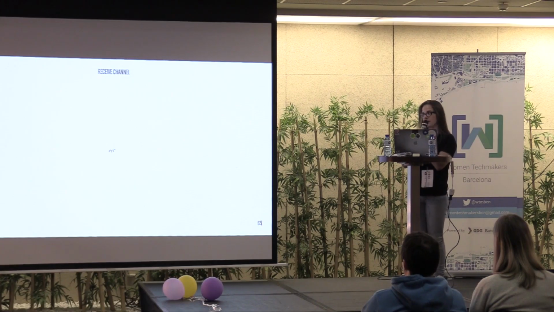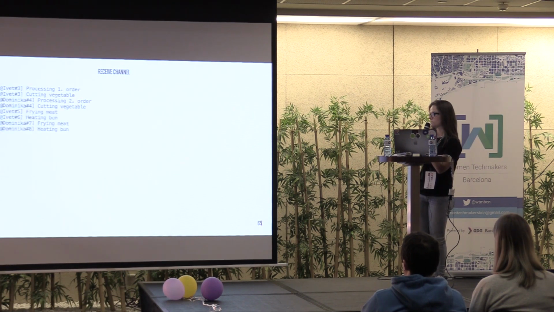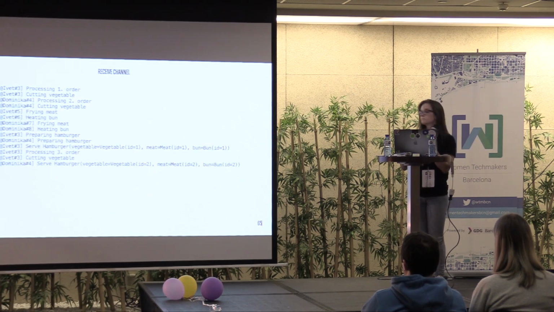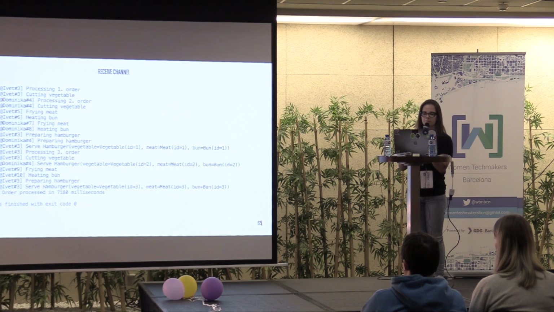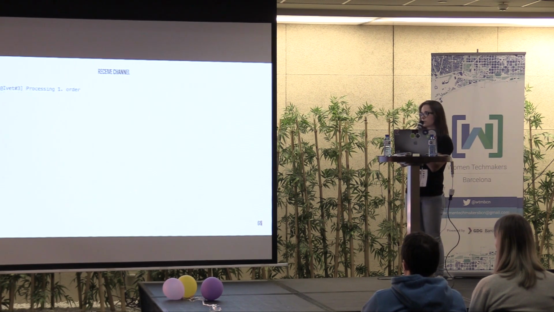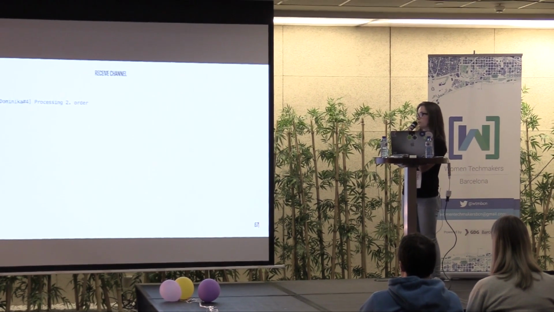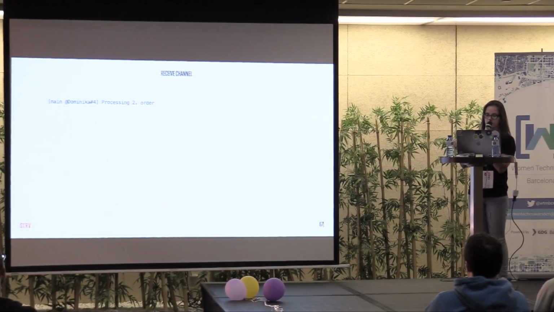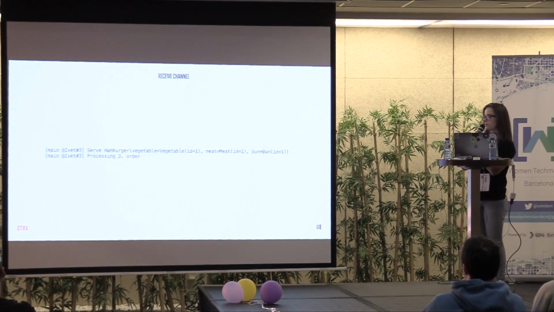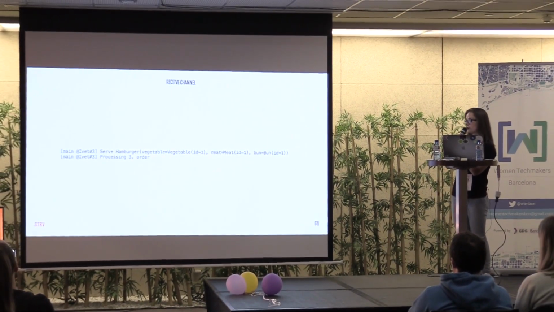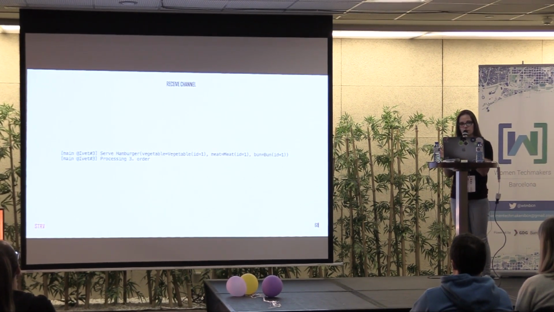Let's see if it works as expected. The first order was taken by me. The second one by Dominika, because I was busy with the first order. And right after I finished my order, I started processing the third order.